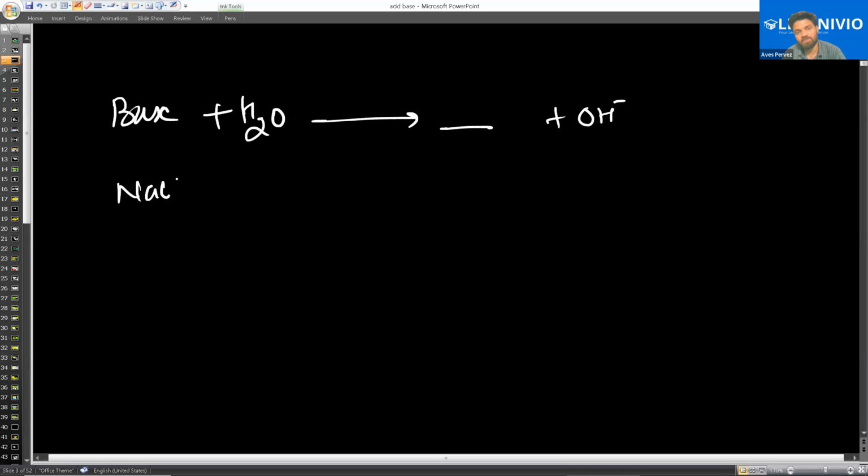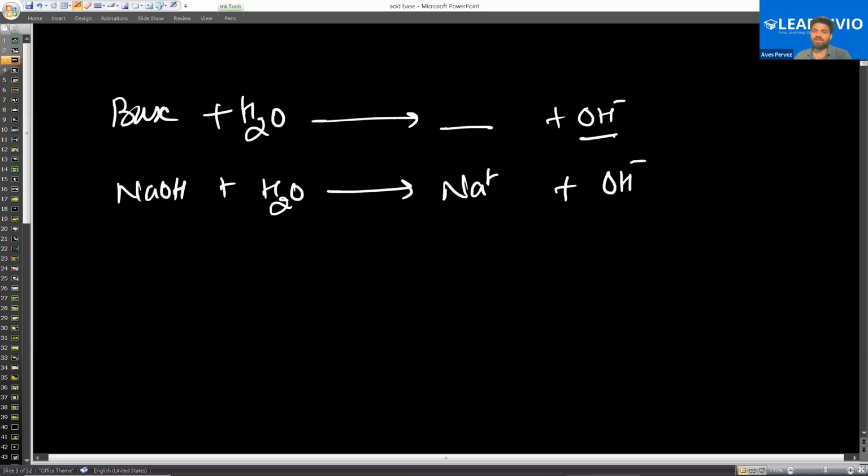For example, NaOH, when added to water, will give you OH negative ion plus Na positive ion. So if they are producing OH negative ion, we will consider it as a base. The basic property is shown by these OH negative ions. Understood?